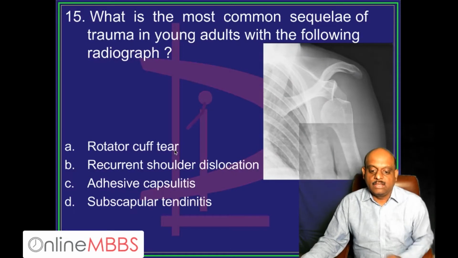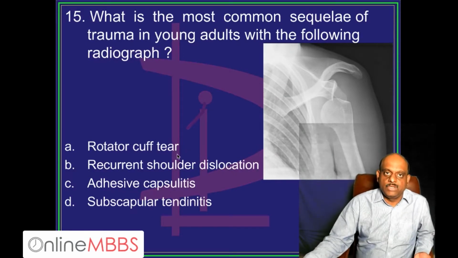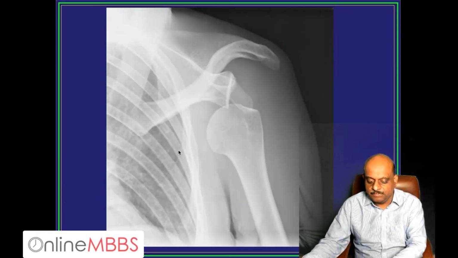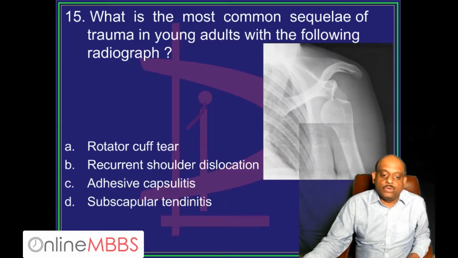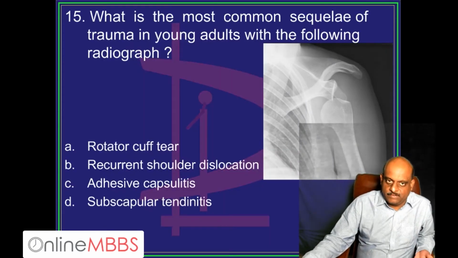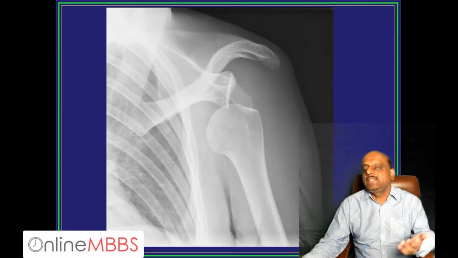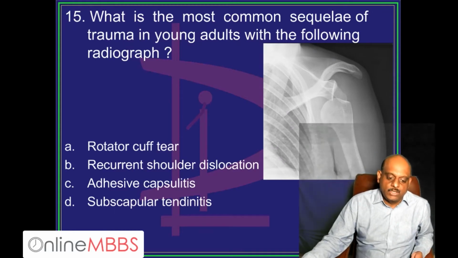Now, doc, what is the most common sequelae of the trauma which is being shown to you here? In a young adult with the following radiograph, what is the most common sequelae of the trauma is my question to all of you. Should you answer, doctor?